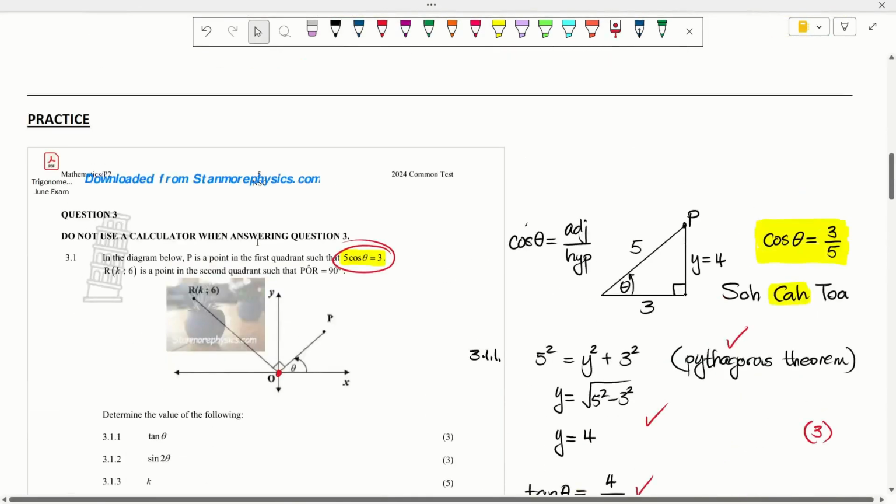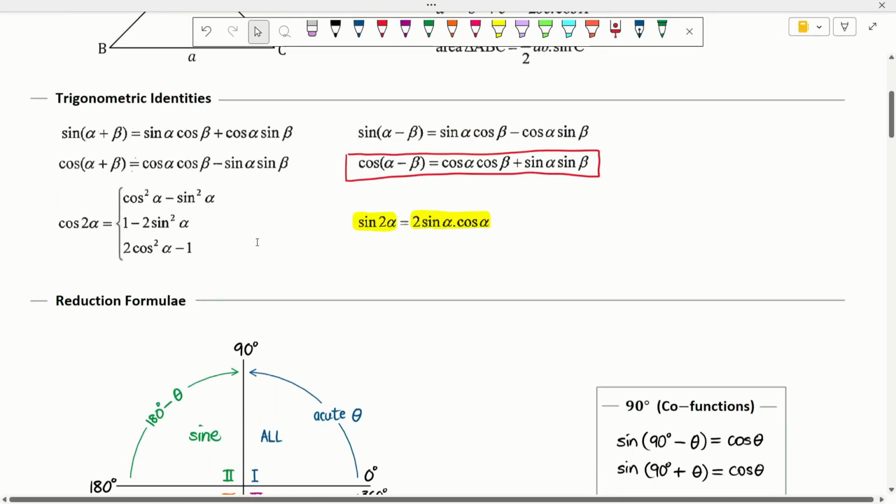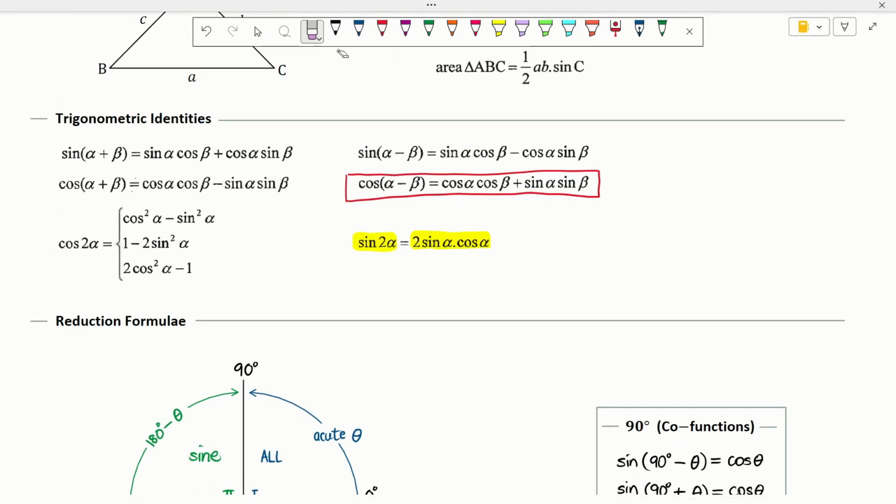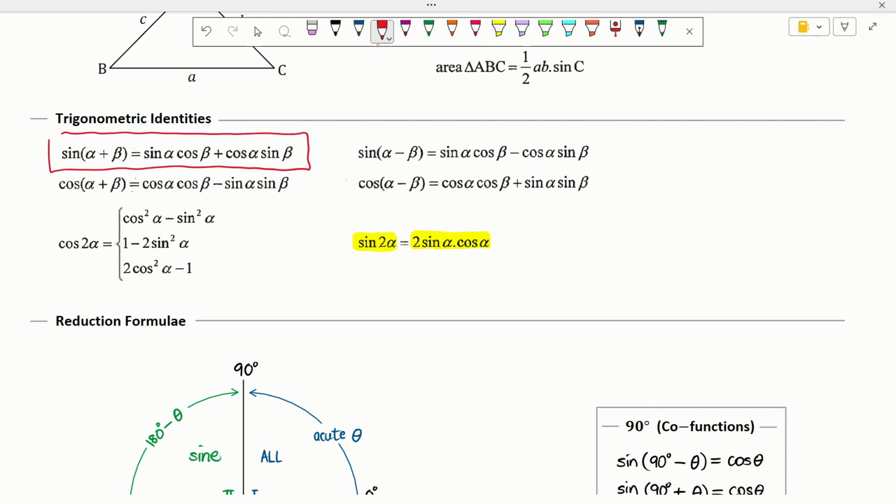So I go to my identities at the back of my question paper. For me, it's up top here. And then I can see that this is this identity. I just need to make my alpha 2 theta and make my beta theta. So I'm going to have sine 2 theta cos theta plus cos 2 theta sine theta.